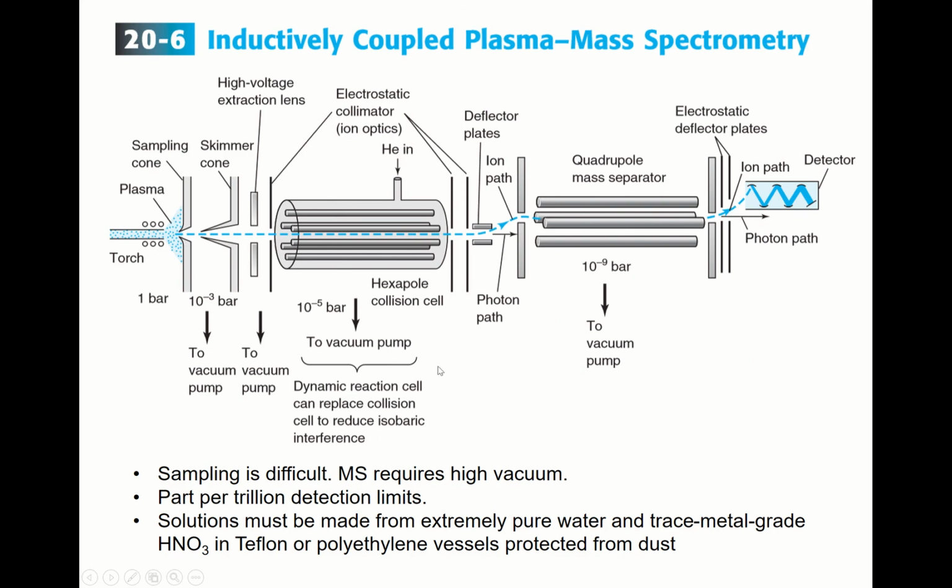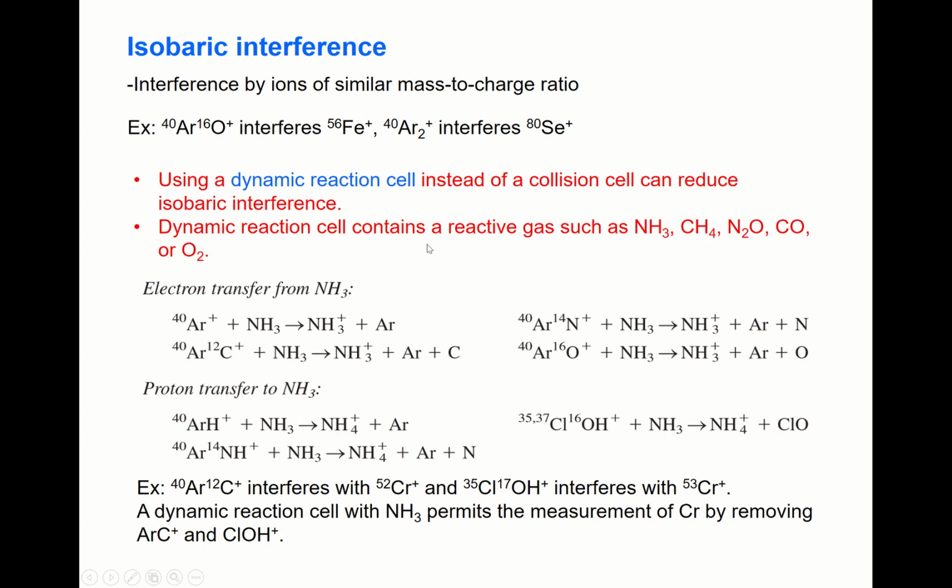This is the collision cell. In this collision cell, ions are formed. Let's consider the principle of the dynamic reaction cell. A dynamic reaction cell contains a reactive gas such as ammonia, methane, nitrous oxide, carbon monoxide or oxygen molecules. And then how do these species remove this isobaric interference?